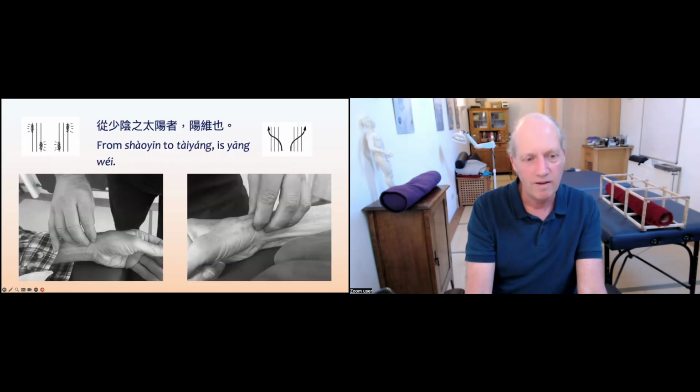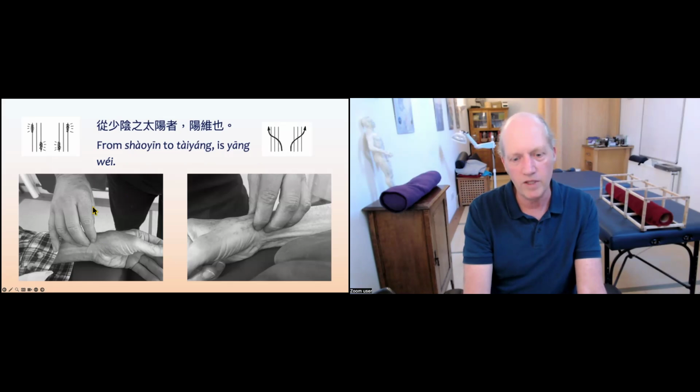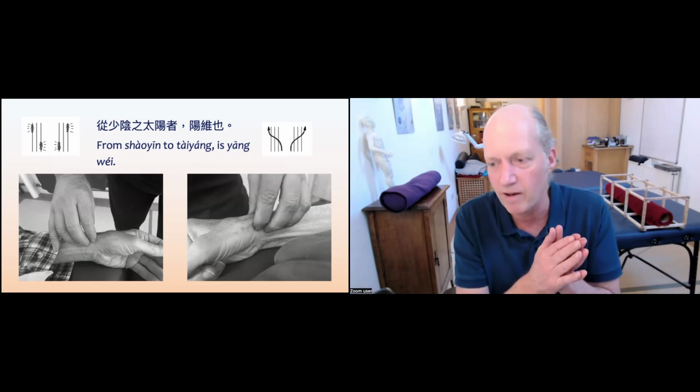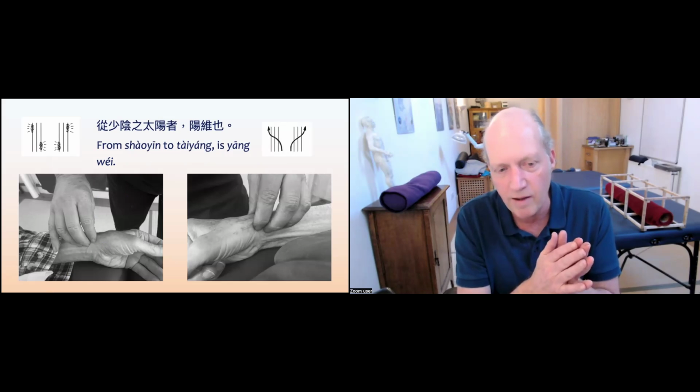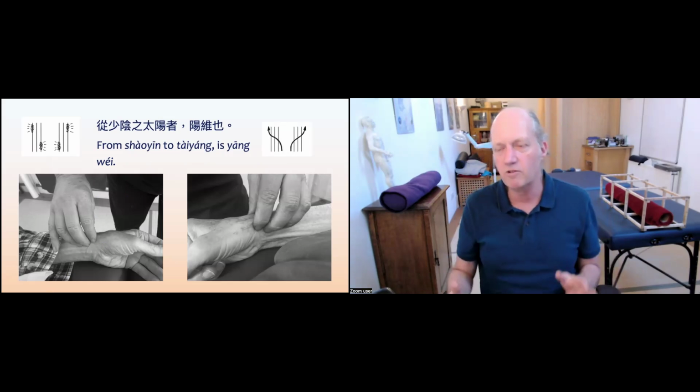And this is what these pulses look like with a real person. So this person had really bad back pain and was having trouble standing up straight. An elderly man who, in a general sense, is suffering from yang deficiency.